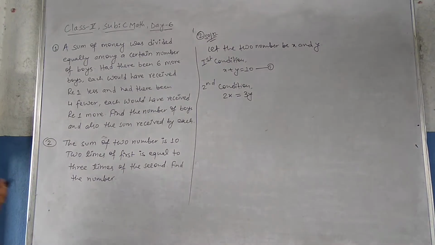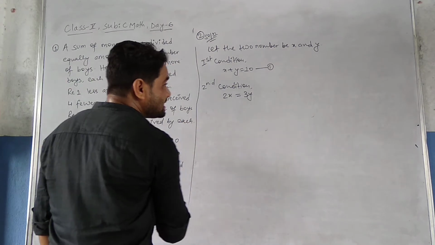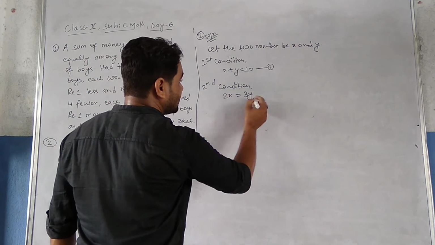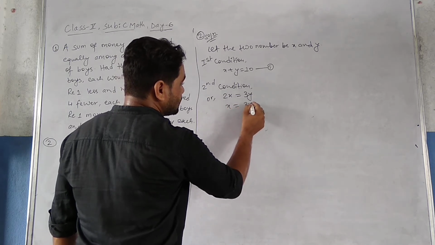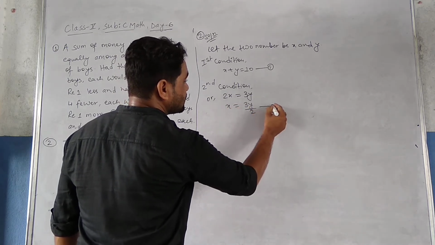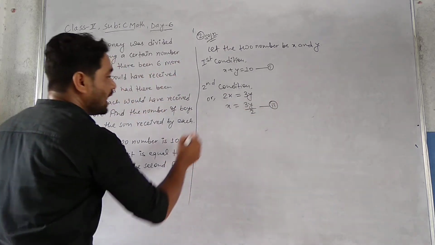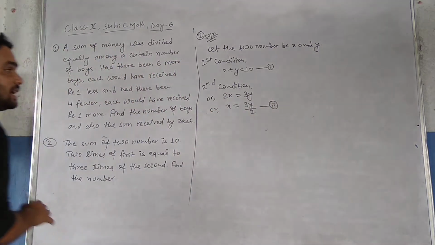Let's simplify it: x equals 3y by 2. Suppose this is the second equation. Now let's solve the first and second equations.